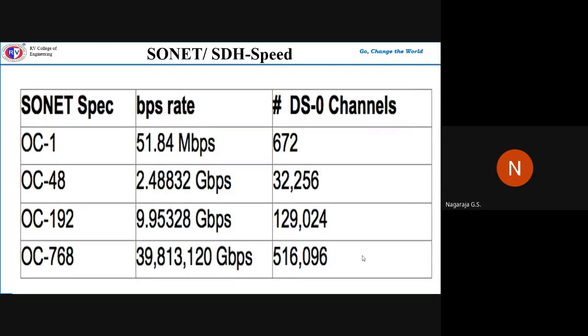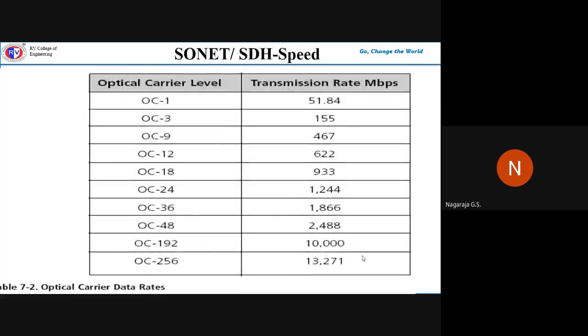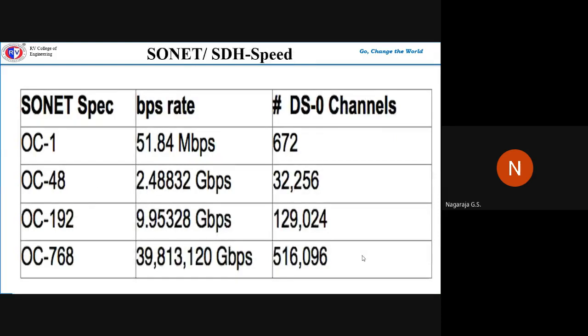Again, as I mentioned in the previous channel, OC1 bit rate is 51.84 Mbps, and your DS0 channels are 672. DS0 is nothing but digital signal 0. Even DS0, DS1, DS2 all come under the OC1 cable itself. That is 672.